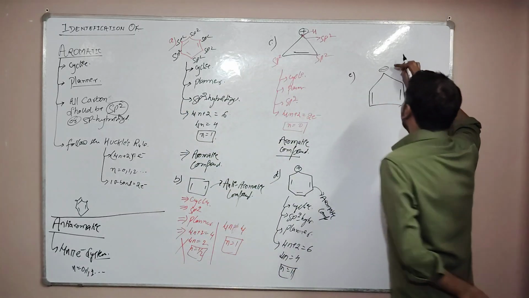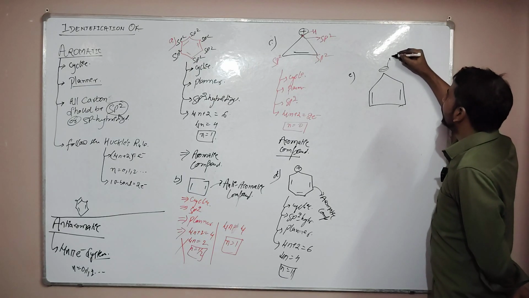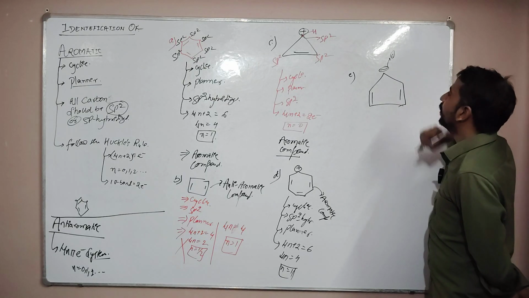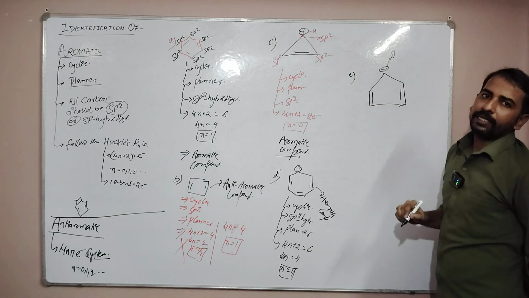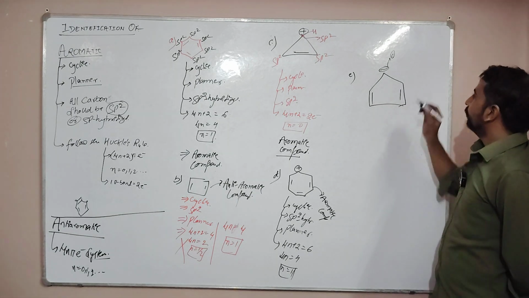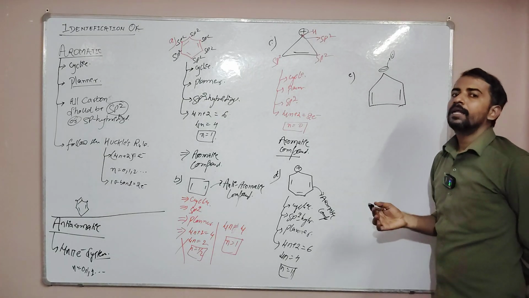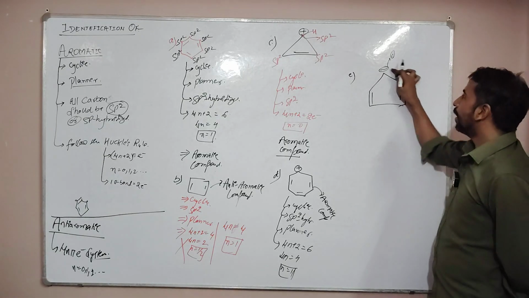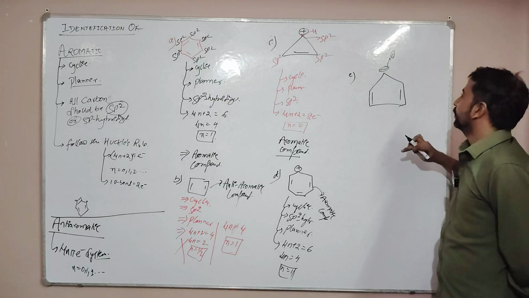Here, one negative charge means it contains one lone pair, which means two electrons. So it is in a localized condition. That's why, whenever we count either hybridization or aromatic character, we will count this electron, because it is a localized electron.